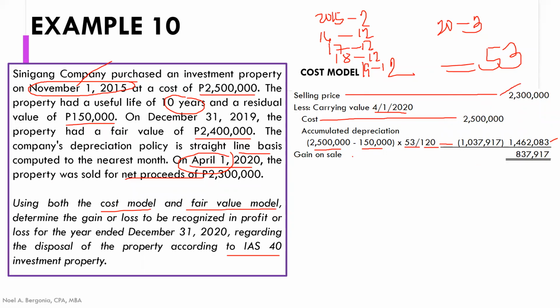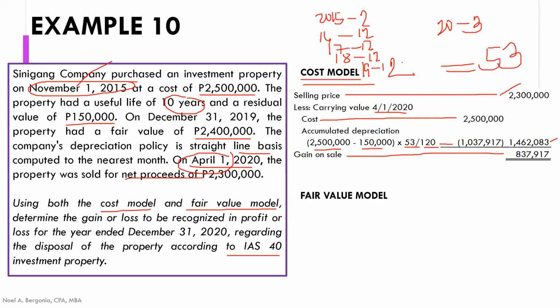Thus, we will have a gain on sale under the cost model of 837,970. So again, that is for our cost model. Just like PPE, update the balance before you dispose. How about for the fair value model?